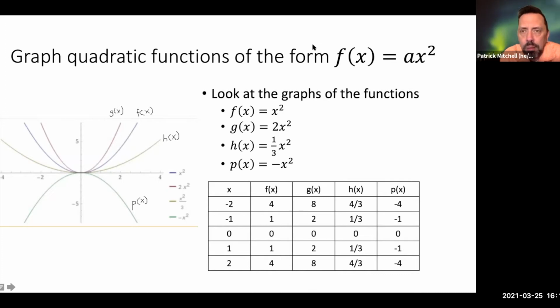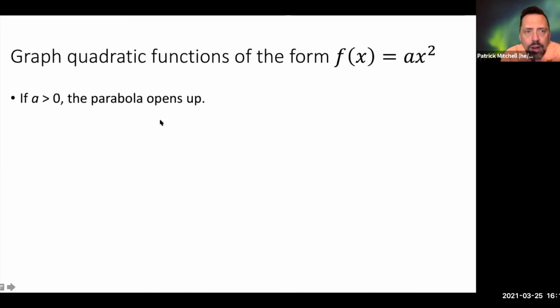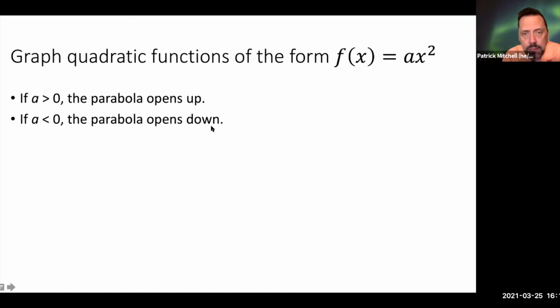All right, so now I'm ready to let you in on the secret behind how this works in general. First of all, if a in f of x equals ax squared is positive, then the parabola opens up. If a is negative, the parabola opens down because that means a reflection has taken place.